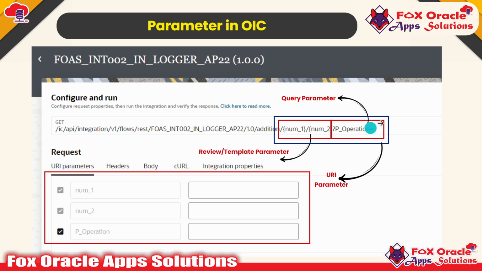In OIC, the combination of these two kinds of parameters is known as URI parameters, because this is the URI of that integration, and in this URI we have these parameters. The parameters which have a value at runtime, added in that URL or URI, are known as review or template parameters. And a query parameter is something that gets concatenated in our URL, so that is known as a query parameter.